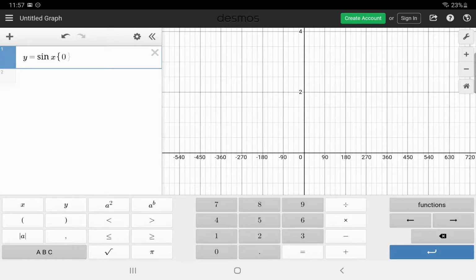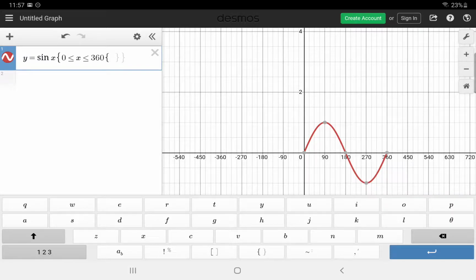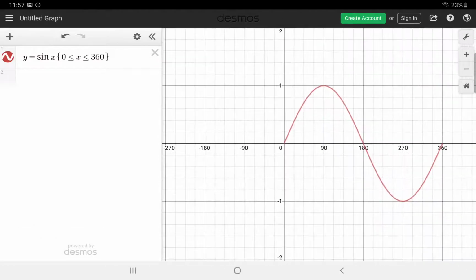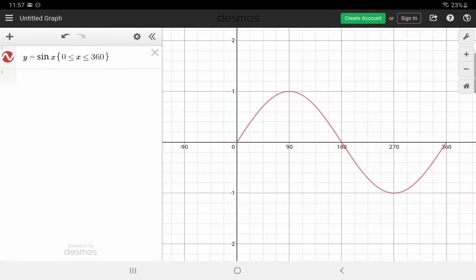We can put in 0 less than or equal to x, which is less than or equal to 360, and we can close that squiggly bracket. Oh, never mind. I guess it automatically closes it for you. And there we have one cycle of the sine graph.